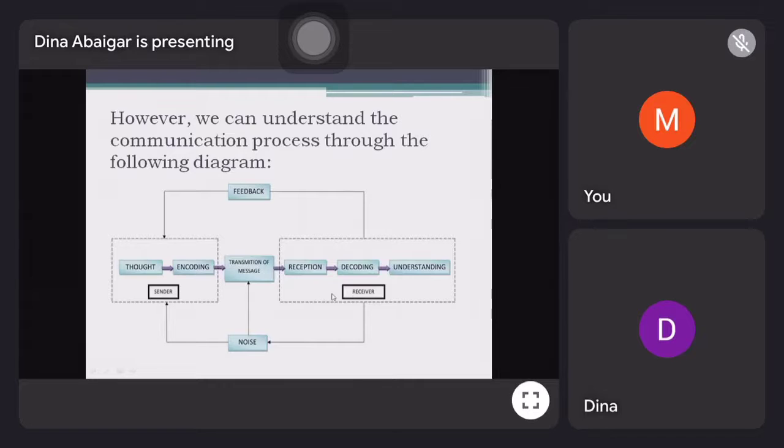And therefore, the sender will know if the receiver fully understands what he or she is talking about. And of course, noise or the communication barrier cannot be avoided. We all encounter a lot of communication barriers.